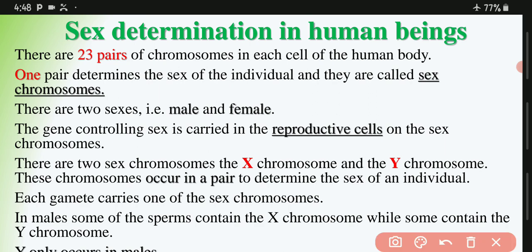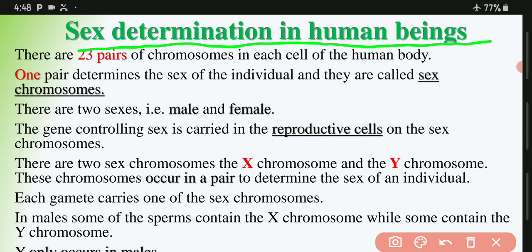Let's get back to our topic. We are looking at sex determination in human beings. There are 23 pairs of chromosomes in each cell of the human body. When you multiply these 23 pairs times 2, you get the 46 chromosomes I talked about.